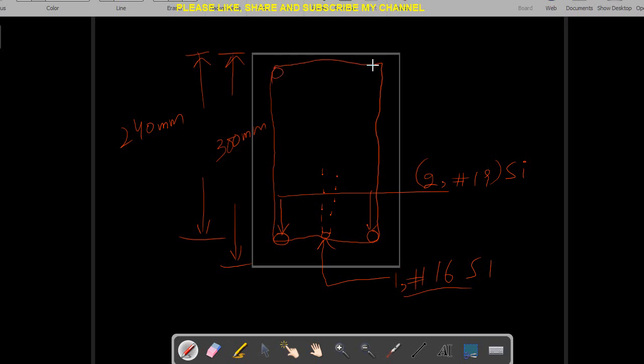We will use 2 hanger bars. These hanger bars will be 2 number 16, right? SI. These are the hanger bars, not taken in calculation.